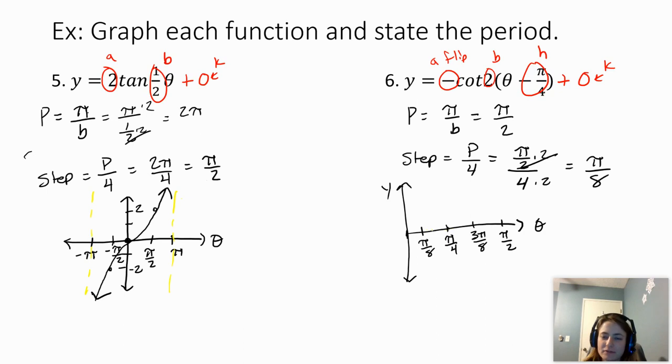So notice pi over 4 is 2 tick marks. So we're going to move to the right 1, 2 tick marks, which would be here. So this is where we're starting from, or this is where our middle point is going to be.